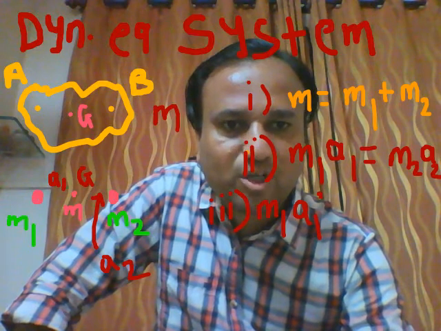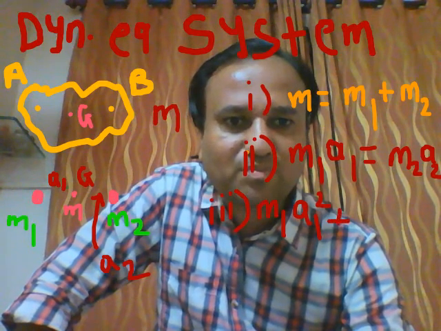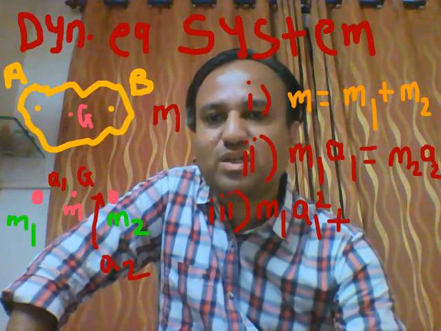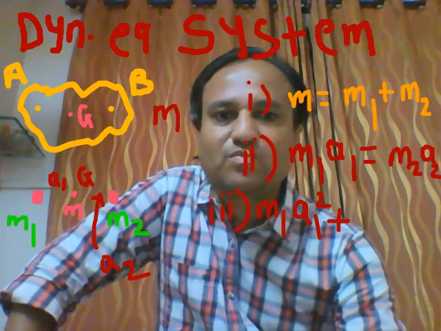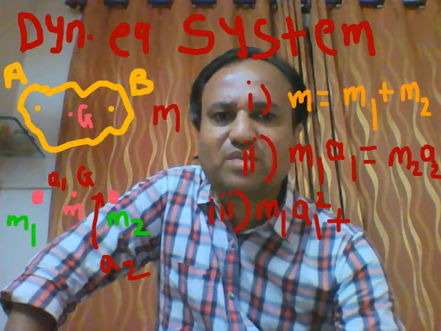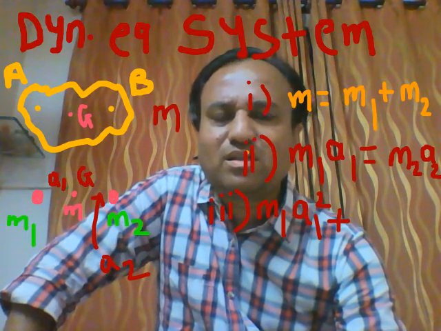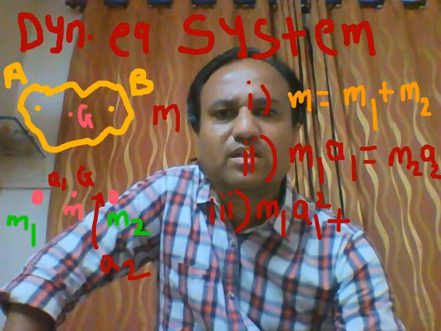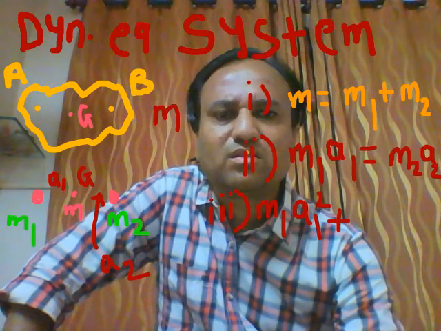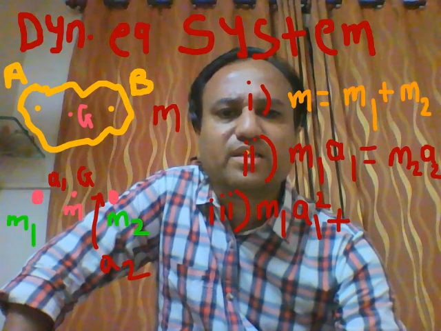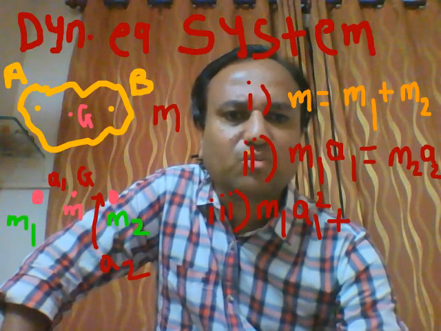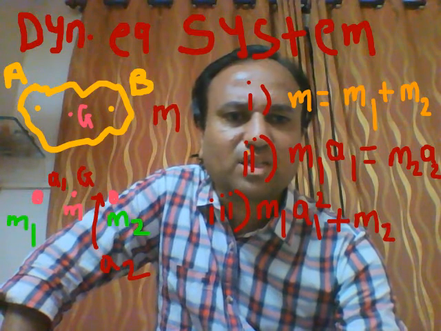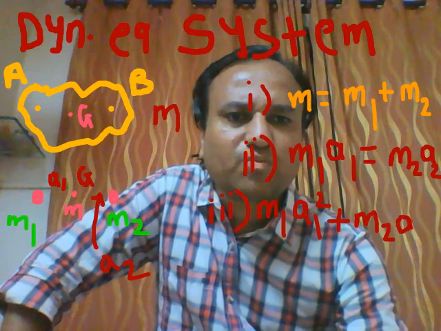So third condition, students: m1 a1 square, that is the moment of inertia of the first point mass. m1 is the mass, a1 is the radius of gyration, you can say, that is the distance from the point mass to Cg. Then the moment of inertia for the second mass is m2 a2 square.